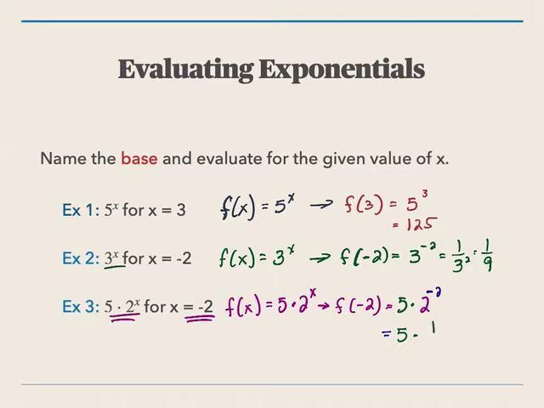So this is 1 over 2 to the positive 2, which is 5 times 1/4, which is 5/4. So that's how we evaluate exponential functions. Just substitute in for the x value and then simplify your result.